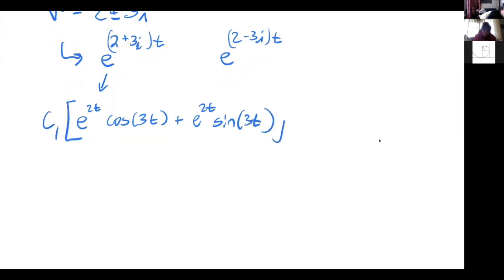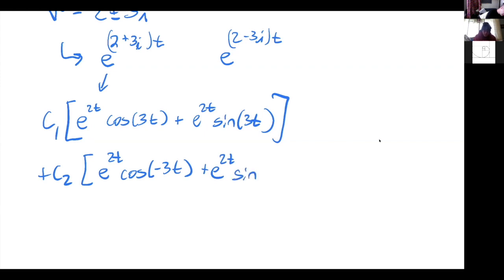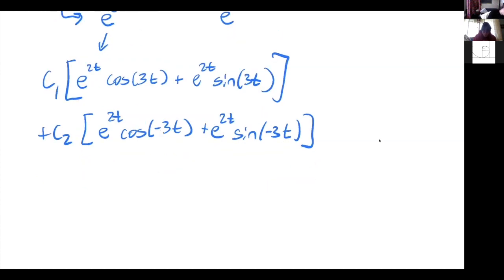So let's just say, okay, there's one of our real solutions, right? So I'm going to multiply that by C1, and then I'm going to add to that the other solution, which you're right, is technically a little bit different. We should have a minus inside of there. So is this kind of what you were tackling? Okay. So then we've got C1 e to the 2t cosine of 3t.